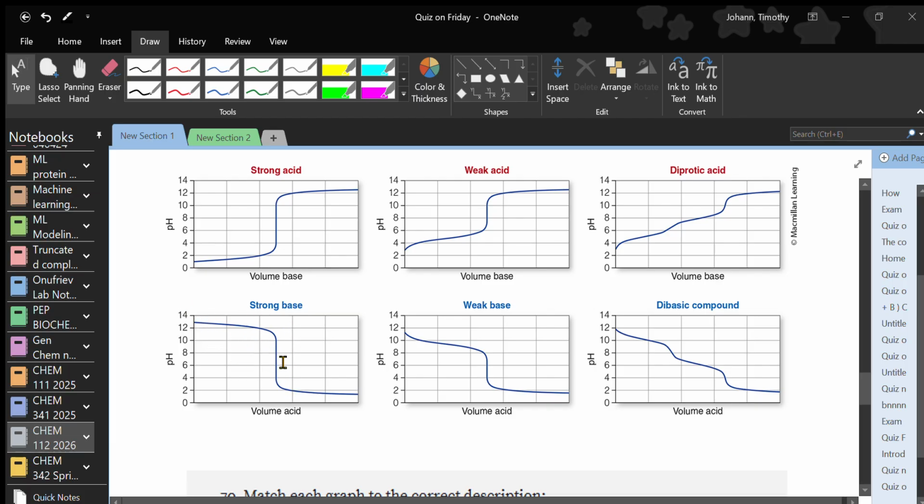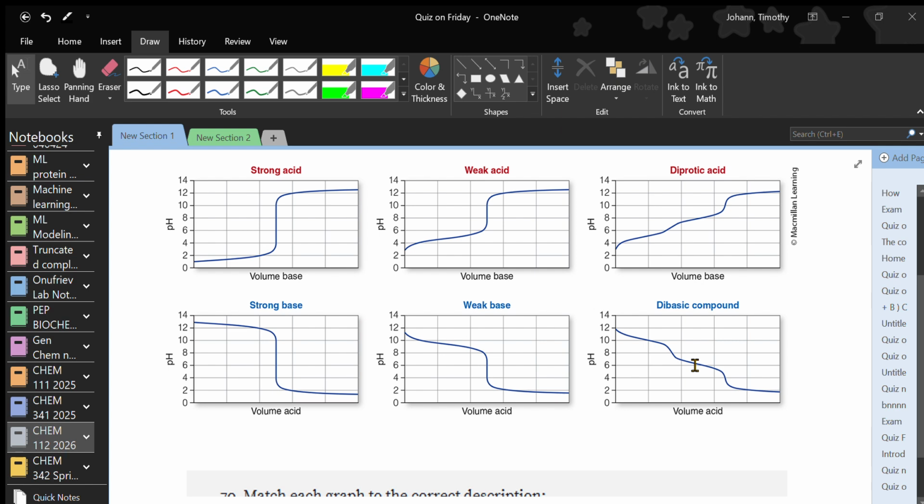Here we have a strong base being titrated with a strong acid. Here we have a weak base being titrated with a strong acid, always titrating with strong. And here we have a dibasic compound, a dibasic base, so it's got two OHs, being titrated with a strong acid.